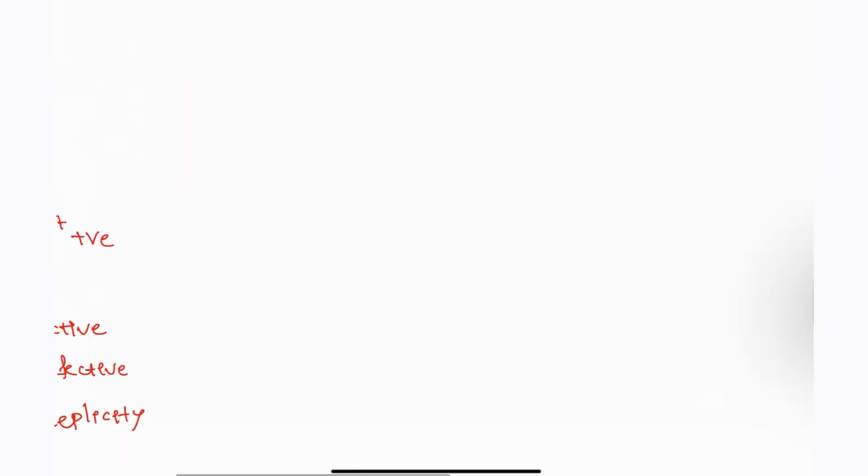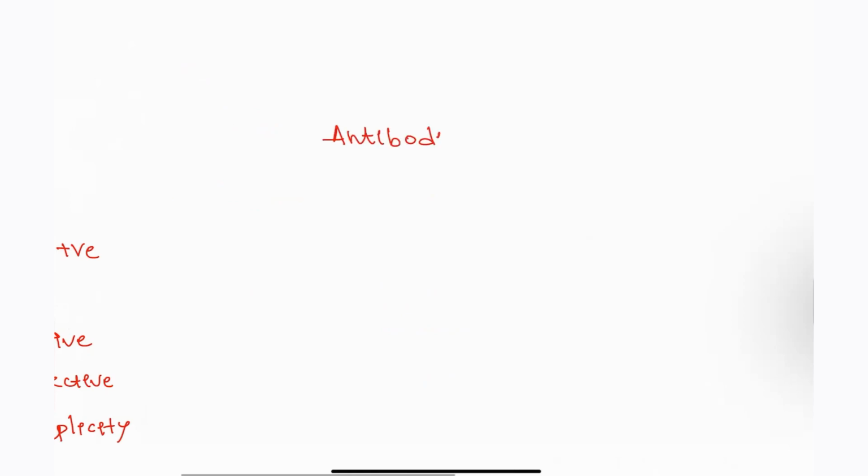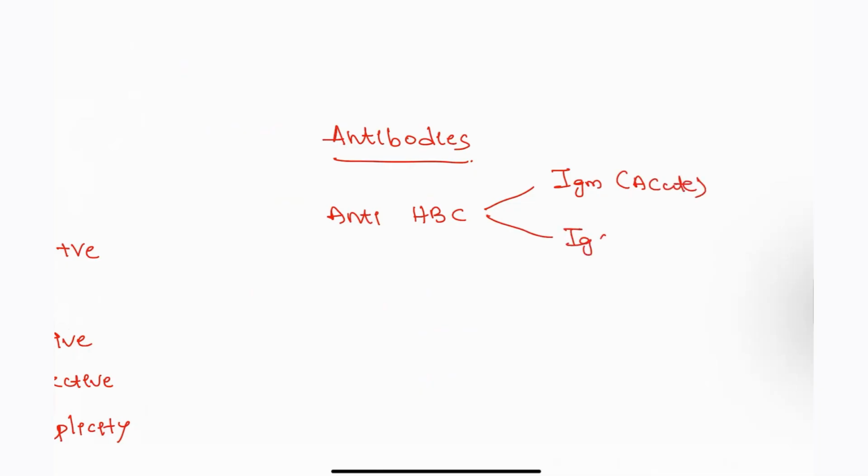Next, what are the antibodies that are going to be produced by hepatitis B, guys? Antibodies such as anti-HBc antibodies. Either it is going to be associated with IgM, which means acute, or IgG, then it is chronic. Right?